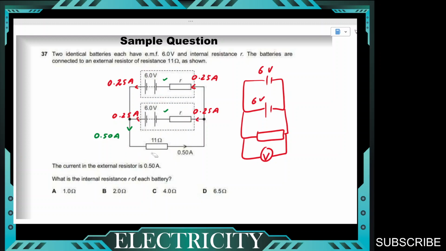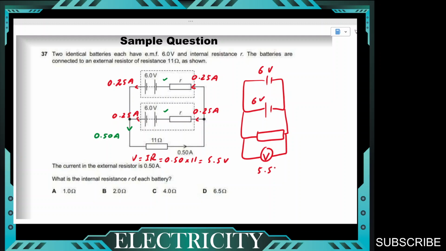Yes, we can. Because in order to find the potential difference, you need to know the current passing through the resistor, and you need to know the resistance of the resistor. So we are provided with both the quantities. So 0.50 times 11, which would be half of 11 basically, 5.5 volts.